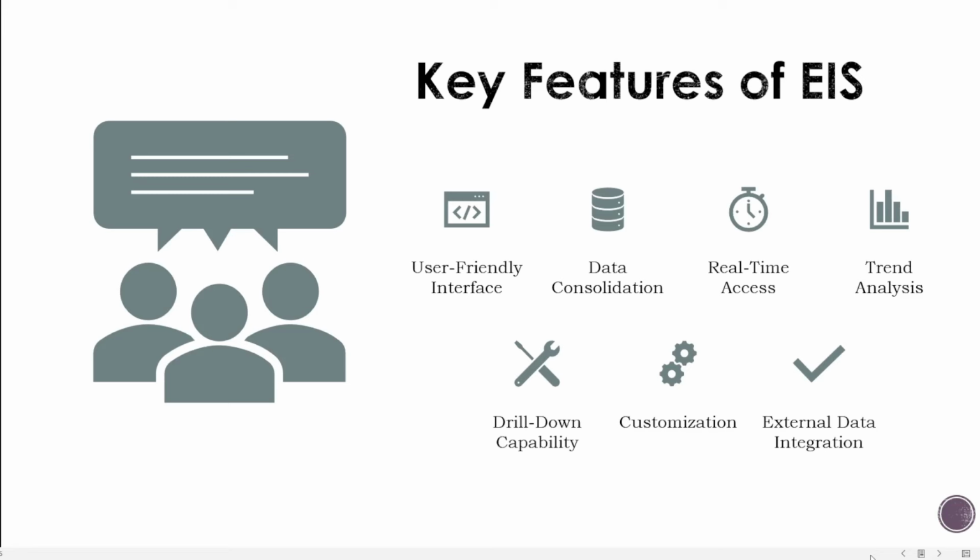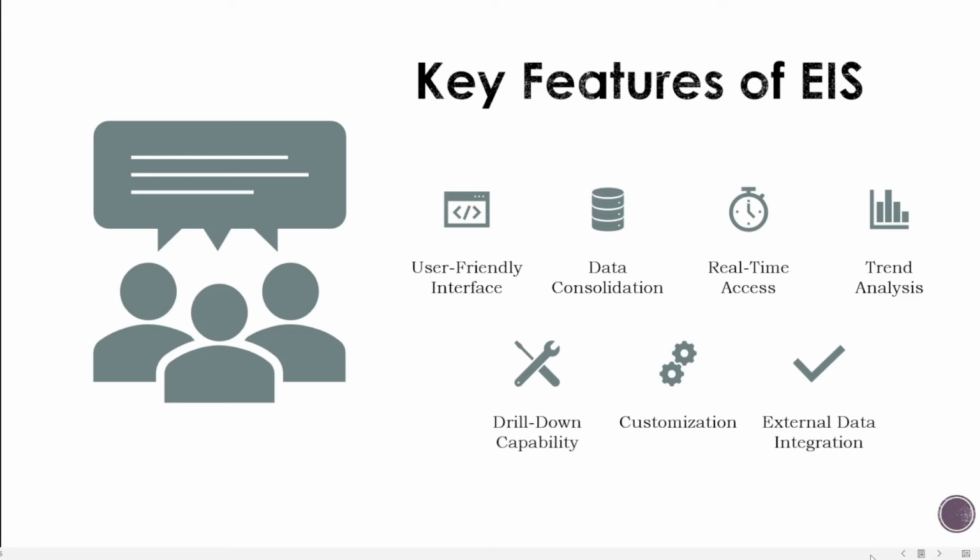Number five, there must be a drill down capability also. No? While EIS provides summarized data, it also allows users to drill down to more detailed data when needed. Number six, customization. Executives can often customize the EIS dashboards to display the specific metrics and data that are relevant to their role or current objectives.